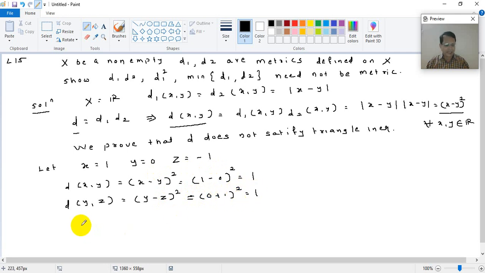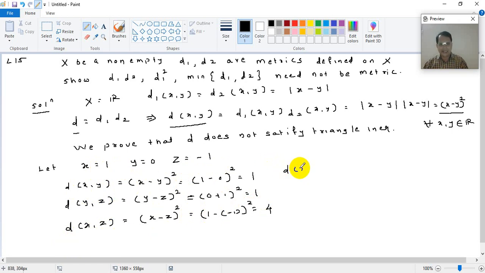And if you take d(x, z), then you can see here it is (x minus z) squared. What is now (x minus z) squared? x is 1, z is minus 1. So x minus z is (1 minus minus 1) squared, which is 4. So if the triangle inequality is satisfied, you must get d(x, z) less than or equal to d(x, y) plus d(y, z), right?